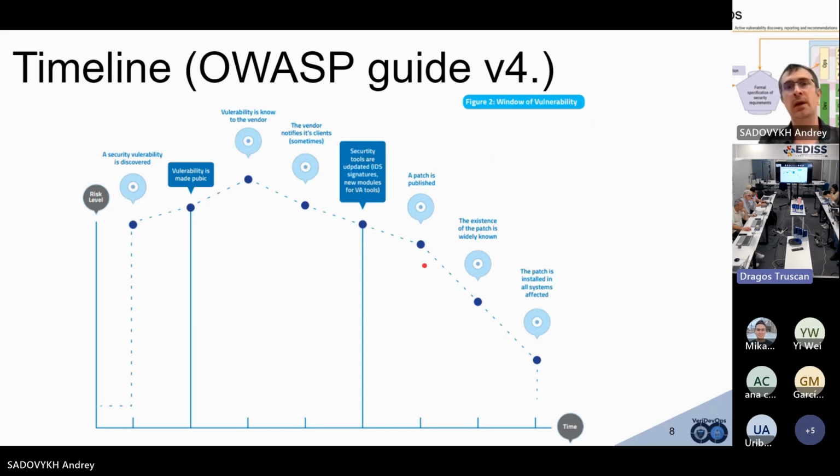And still, in some cases, not all users update their system with the security patches, so the risk may not be zero even if we did everything. This period of time is rather lengthy. In many cases, it can reach even 6 months to patch a vulnerability. Many companies do not even update their systems.